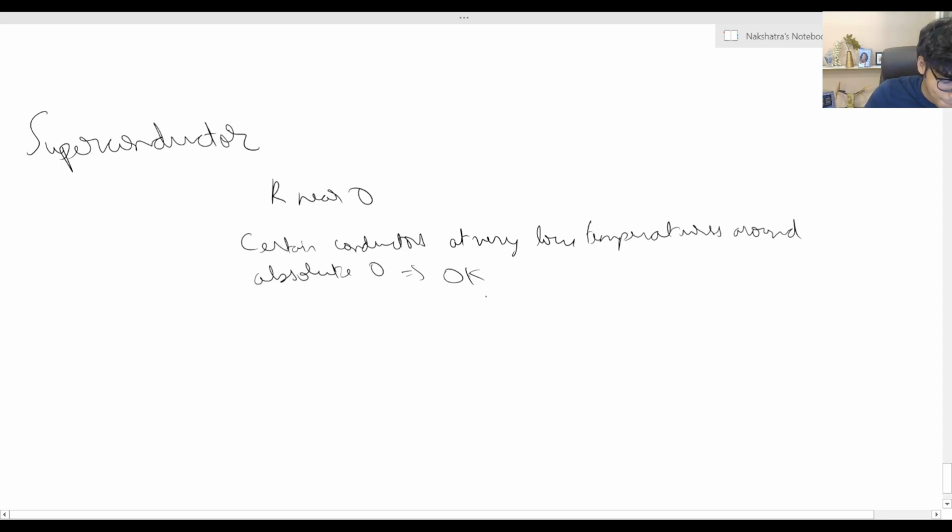So it is near these temperatures, which is a very low temperature, which is why these superconductors do not have very practical application.